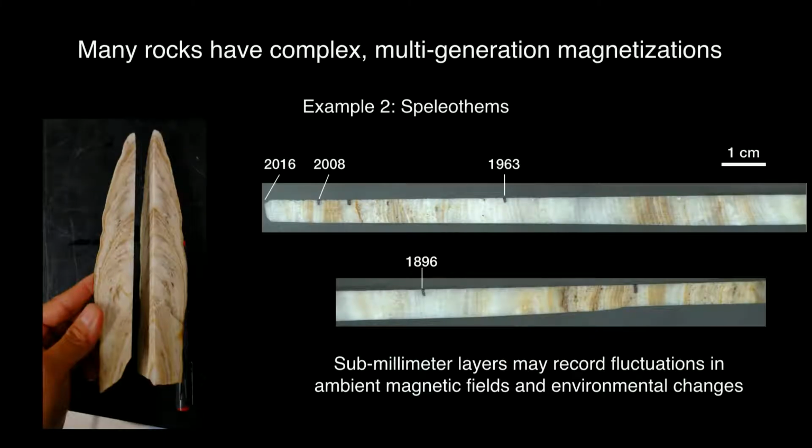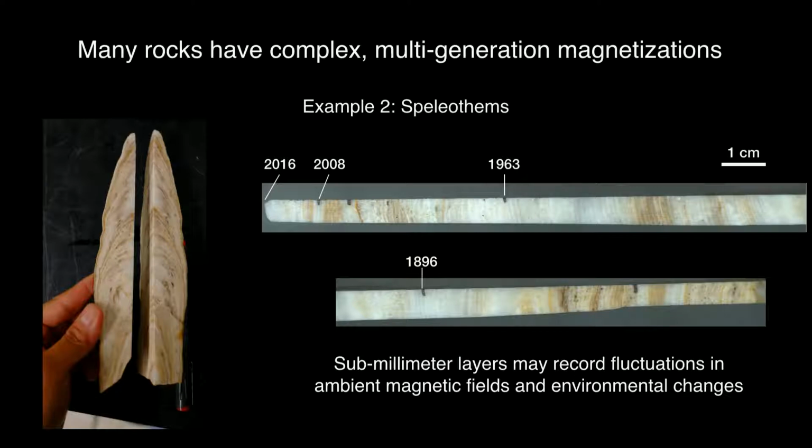Another example, which I talked a little bit about yesterday, some of you might have seen this, is speleothem. These are cave deposits. Usually we try to measure stalagmites. They've been prized by the paleoclimate proxy community because they can potentially record environmental changes through time.